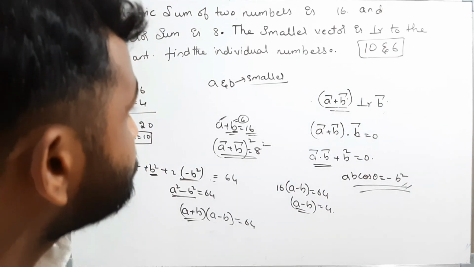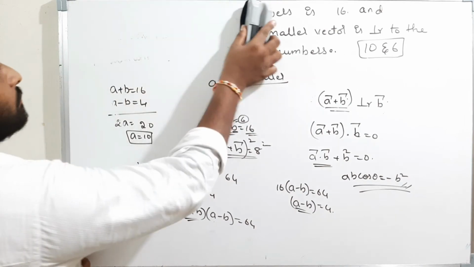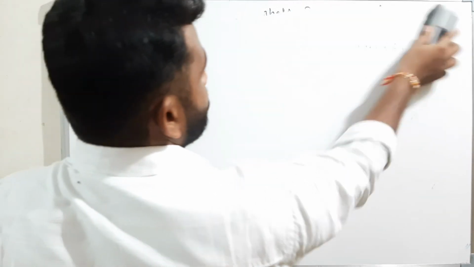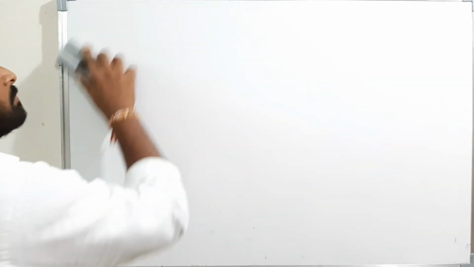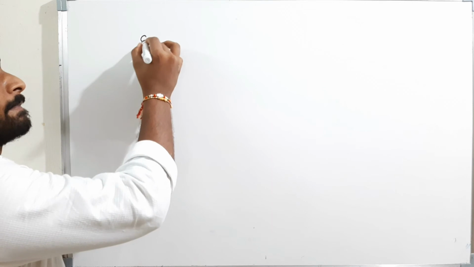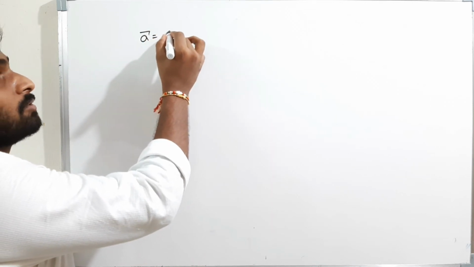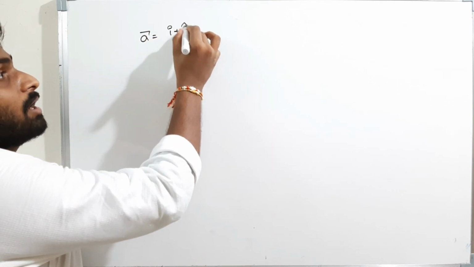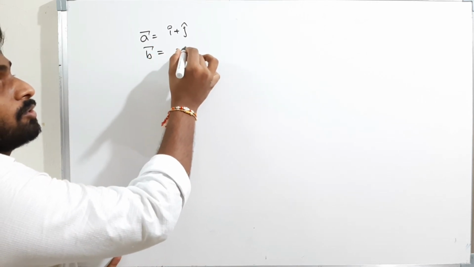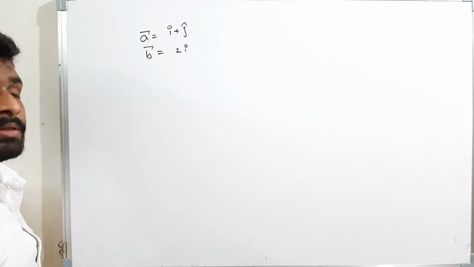Now, see here. A bar is equal to i cap plus j cap and b bar is equal to 2i cap. That's all.